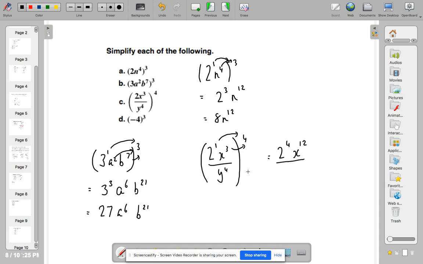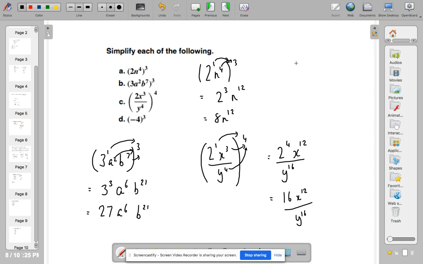Over y to the power of 4 times 4 is 16. So notice how I've multiplied each index, top or bottom, by 4. Last step here: 2 to the power of 4 is 2 times 2 times 2 times 2, 16. X to the power of 12 over y to the power of 16.